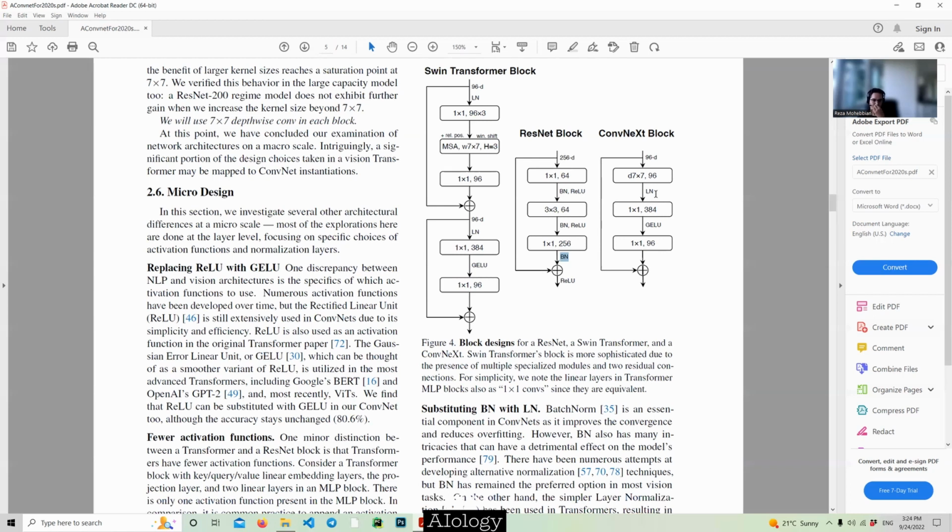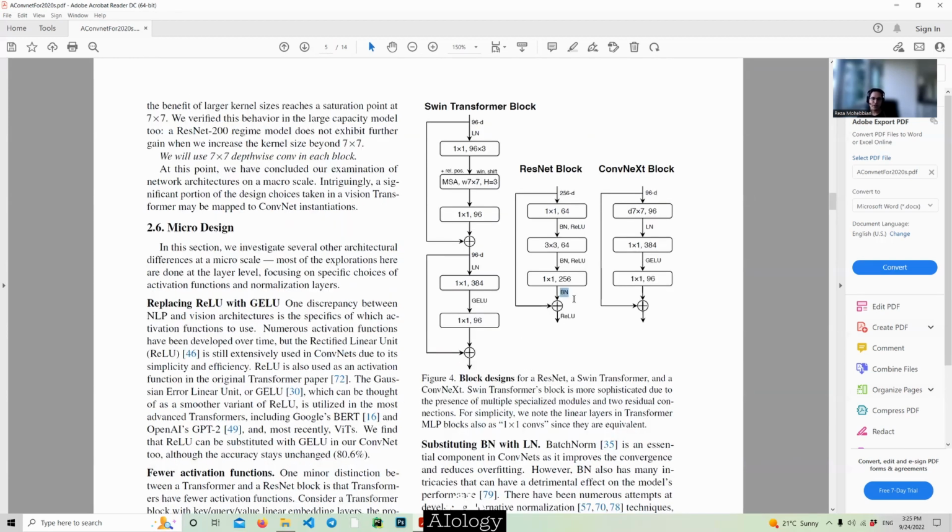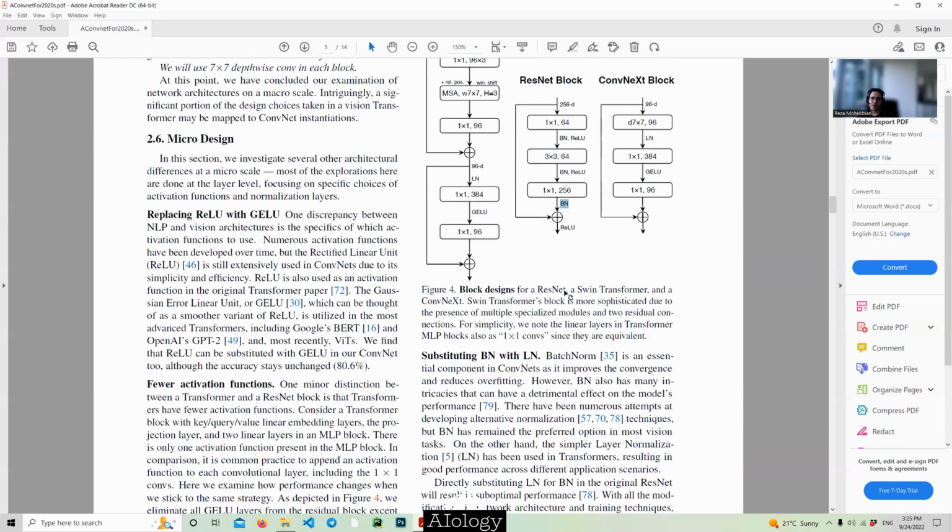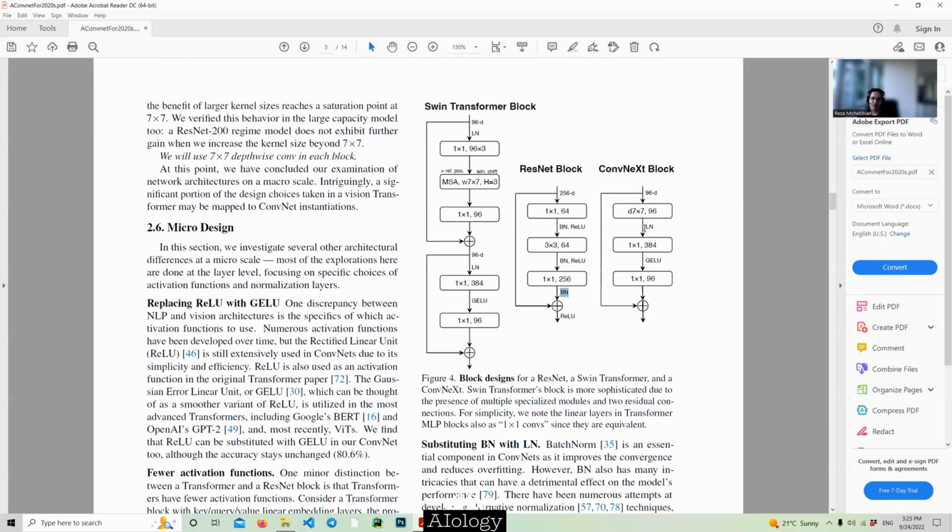I have another video you can go through, on micro batch normalization and weight standardization. They mentioned that instead of batch normalization, they can use layer normalization, and also remove this one because it didn't affect the result. Therefore, we only have one layer normalization, and it doesn't have any activation function here. The only activation function is after this linear layer.